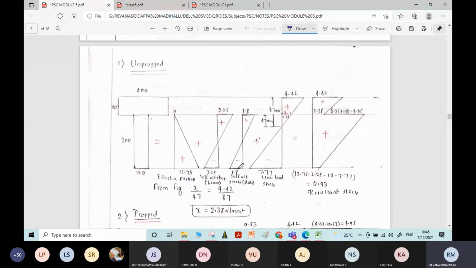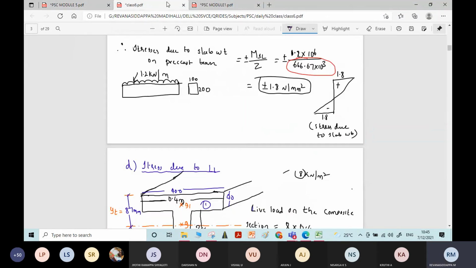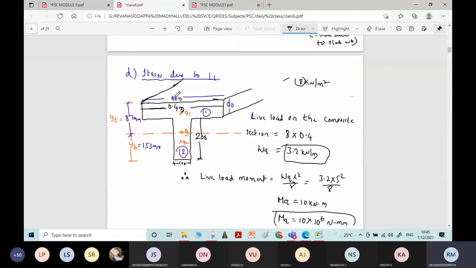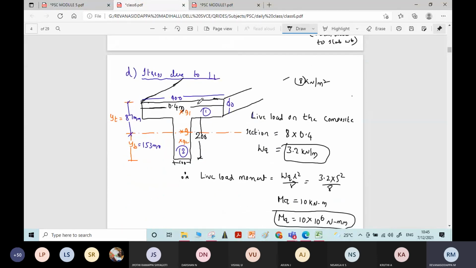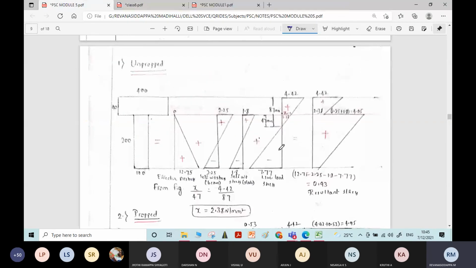Then lastly, the fourth case, stress due to the live load. This live load acts on the full T section, whatever live load is acting on the composite section. Therefore, the stress distribution should be written with respect to the full height of the T section. Remember, students, this is important. The prestressing force will be there in the beam only, so with respect to the beam height you will write the prestress, and the self weight of the beam will be for the height of the beam only.